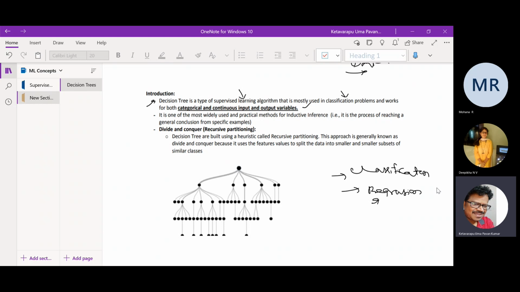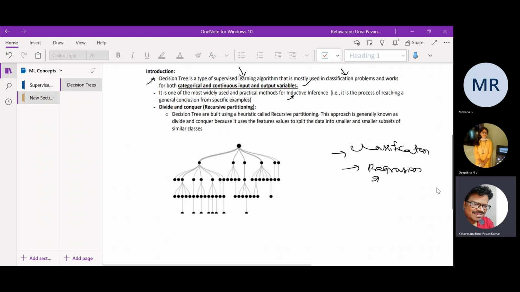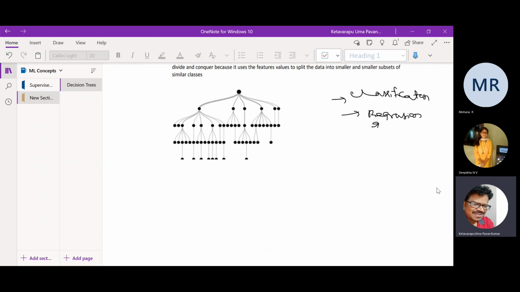It is one of the most widely used and practical methods for inductive inference. Inductive inference in the sense, suppose you observe, guys, some example I will give. Suppose we have every quarter, third quarter, second, and first quarter, and based on that, we can see the results of the fourth quarter. Maybe in the appraisal process, how the employee is doing.